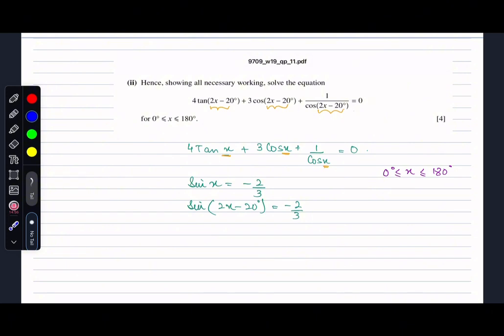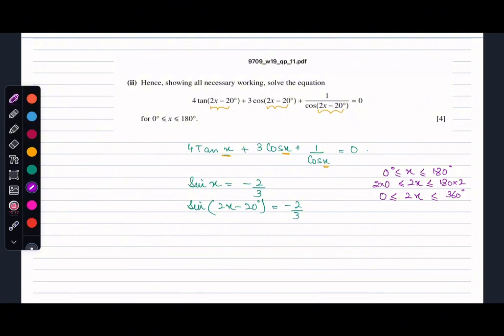That means now I should have these terms as 2 times 0 less than or equal to 2x. I'm just multiplying the whole domain by 2 here. Therefore, I will be left with 0 less than or equal to 2x, which is less than or equal to 360 here. And I can see that there is this negative 20 also. I need to balance it with the negative 20.